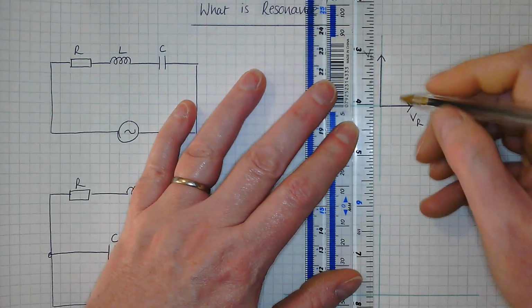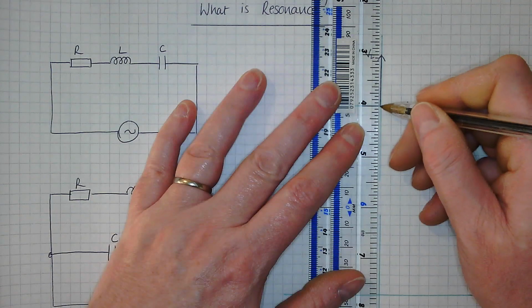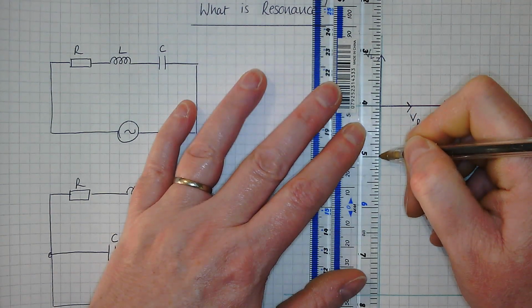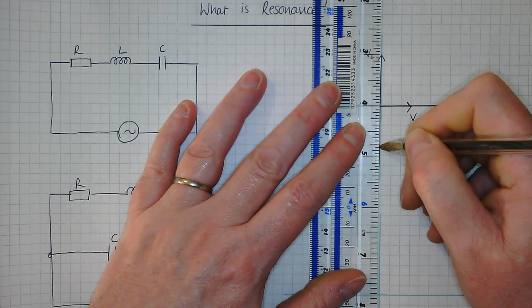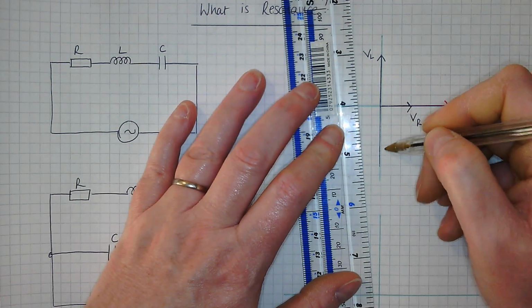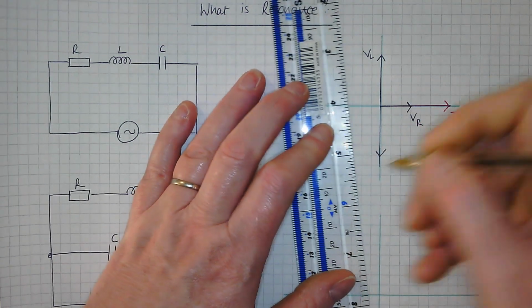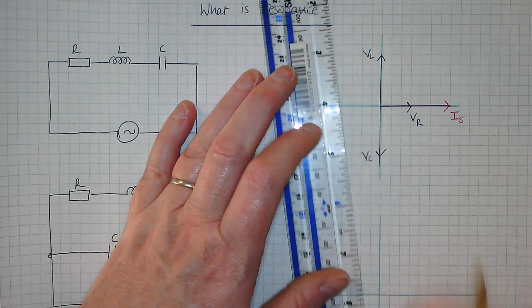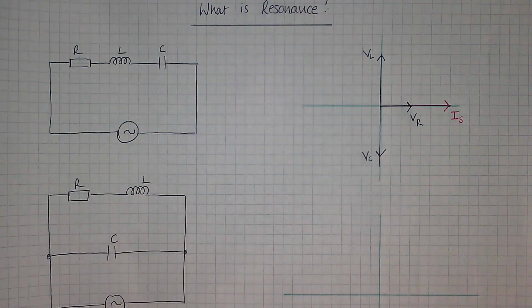That could potentially be your VL. Making them the same size. And that would be your VC.